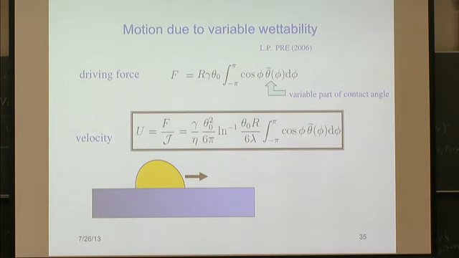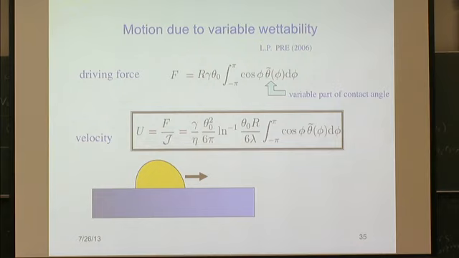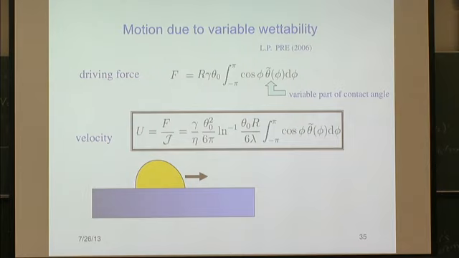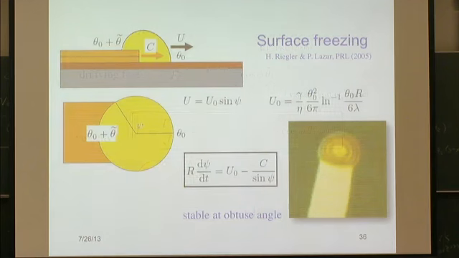And so, if the contact angle is smaller here, the droplet will go in the direction where it is nicer for it to sit, where it is more wettable. Actually, we with Uwe did a rather difficult computation for this with Airy functions and so on, which gives more or less the same result as a more approximate theory.